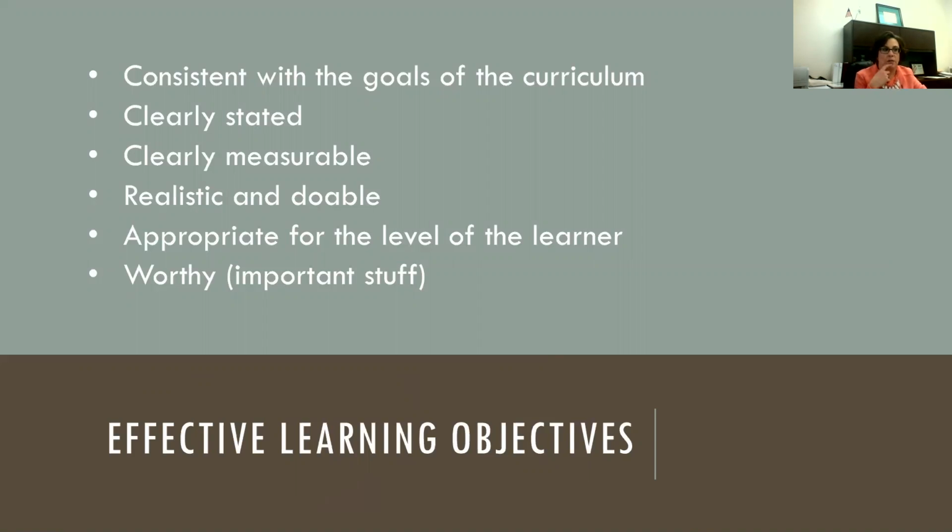So many times I've been on committees and programs where we create all this information and all these lesson plans, and I'm sitting here going, well, how are we going to measure if they learned that or not? If it's a difficult process, then you can't do that.